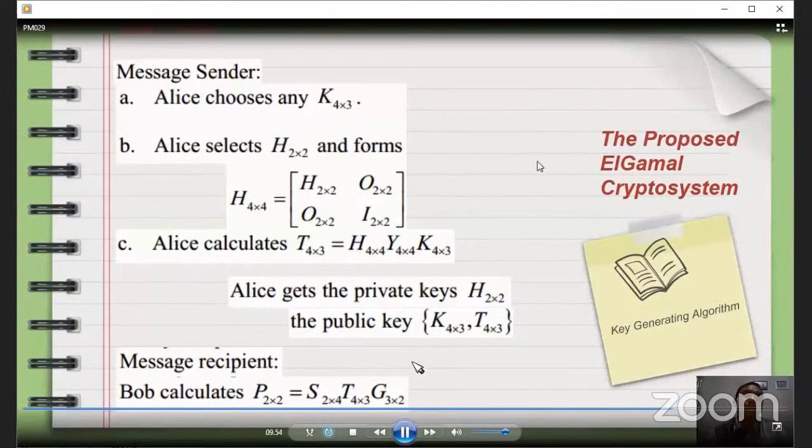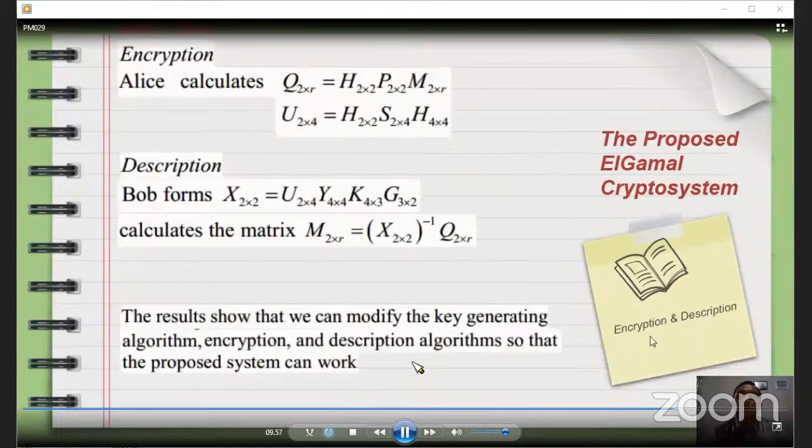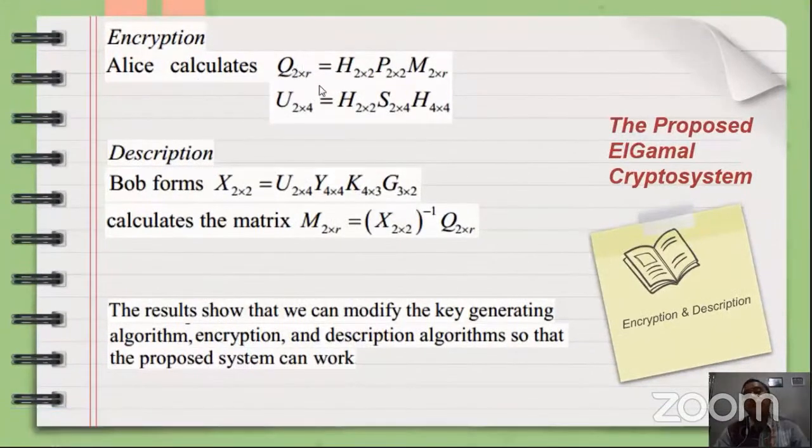In encryption, Alice calculates Q equals H times P times M, with M the message or plain text. And she also calculates U equals H times S times H. Note that H is a different size.